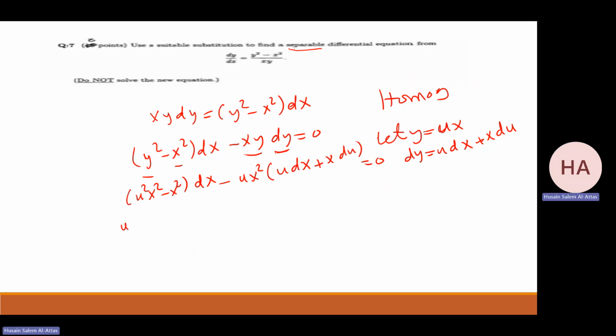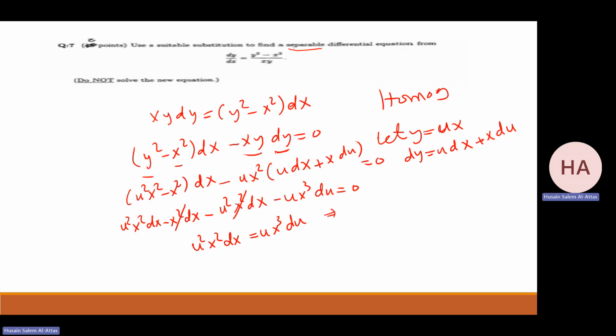Do the calculation. u squared x squared dx minus x squared dx minus u squared x squared dx minus u x cubed du equals 0. This is cancelled. So I have u squared x squared dx equals u x cubed du. So here I have dx over x, and here I have du over u.